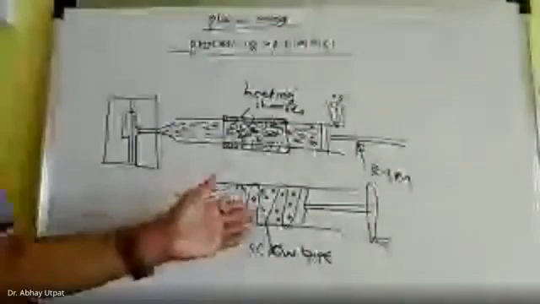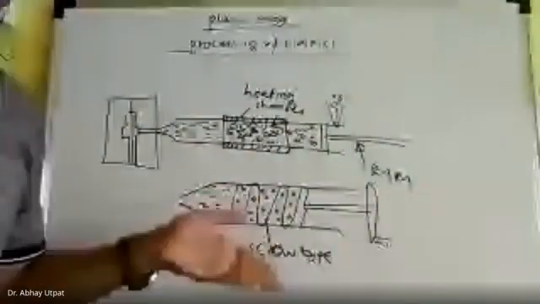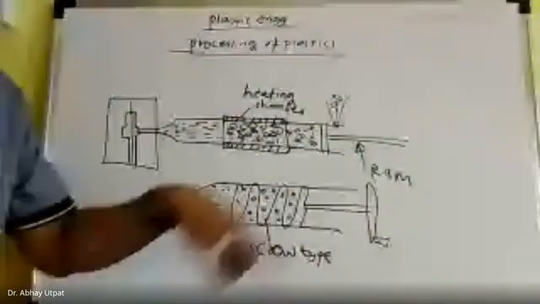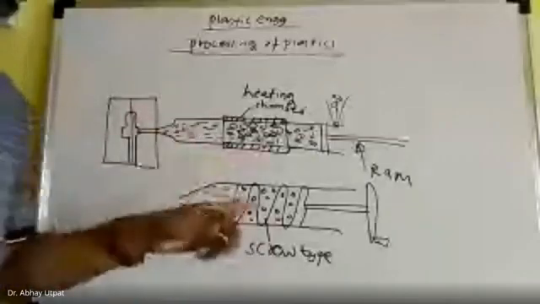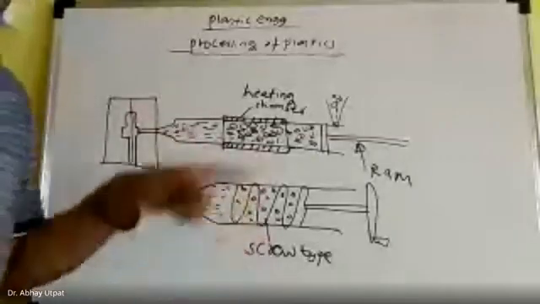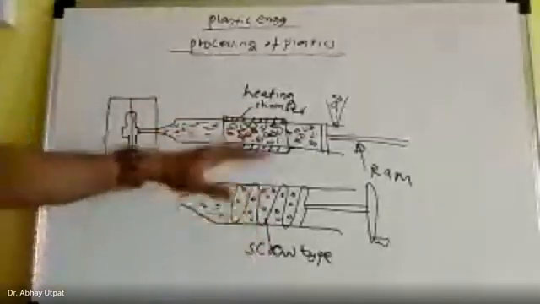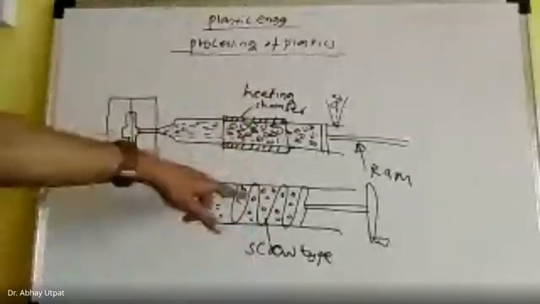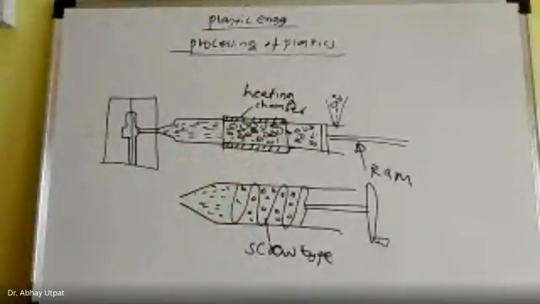In screw type, if there is no heating chamber, how is it plasticized? Because of friction. The plastic granules get trapped between the inner surface and the screw, and then it is plasticized. So step number 1 was clamping. Step number 2 is injection.